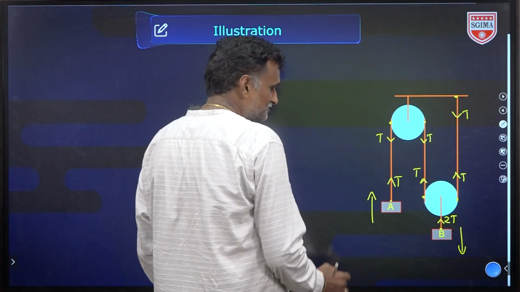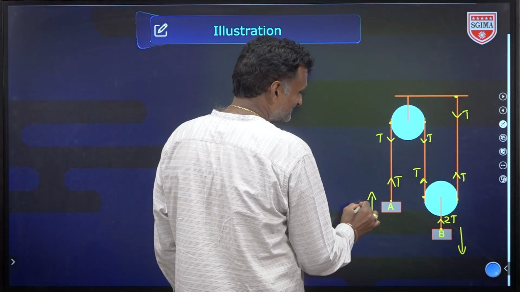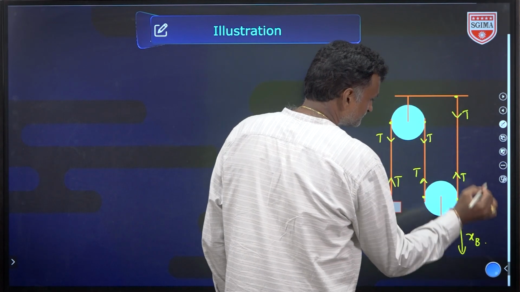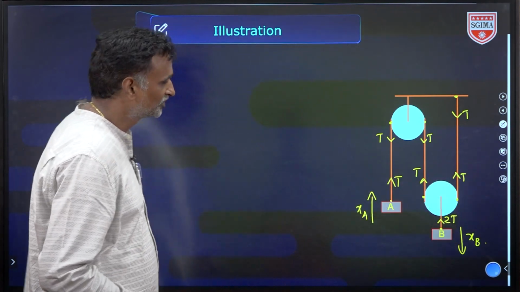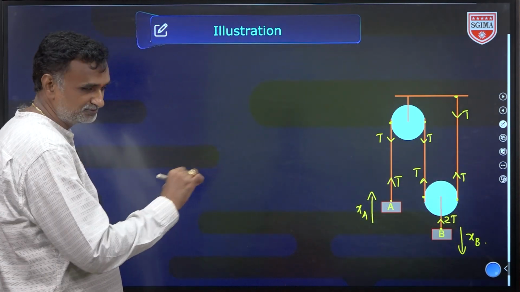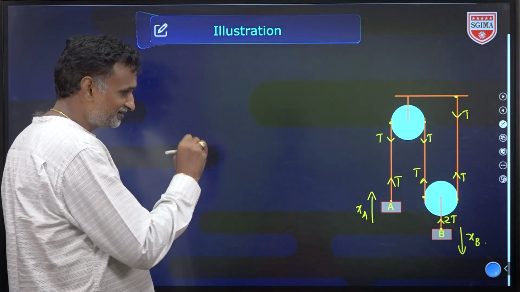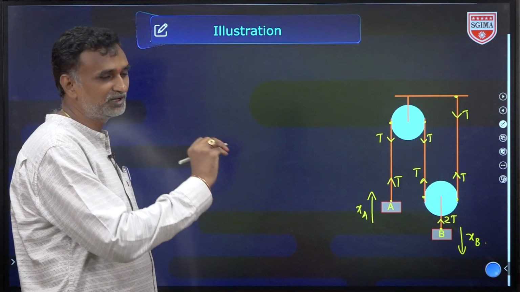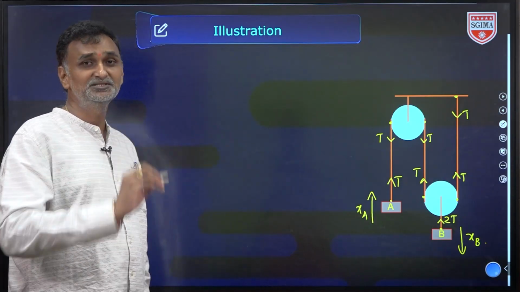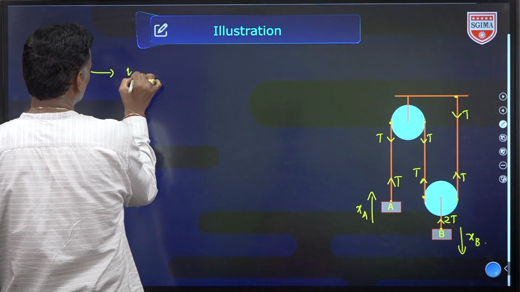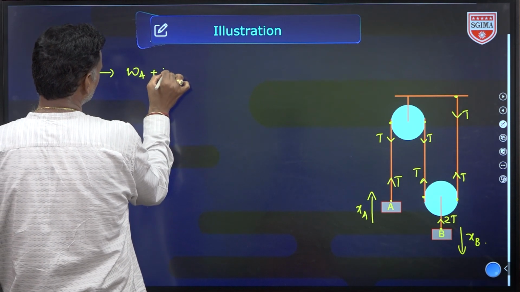Suppose I take XA and XB. Now we have discussed that the sum of work done by the tension on all the blocks of a system must be 0.